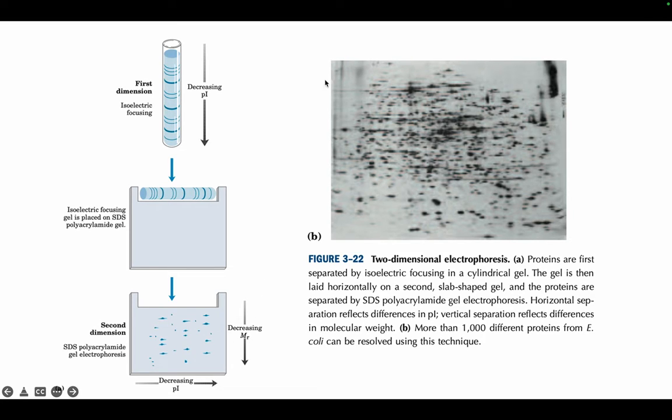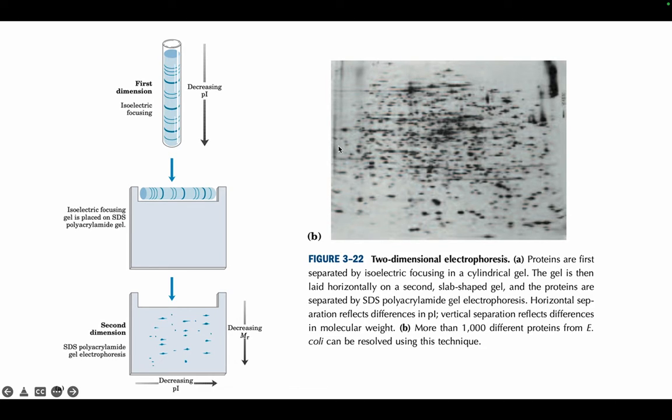So in this way we get this very complex looking gel where you can separate more than 1,000 different proteins. Okay, so here, as you can imagine, everything in this band, okay, has the same isoelectric point, but they may not all have the same mass. So if I look at all the proteins on this line, these are all proteins with the same pI, but they have different mass.